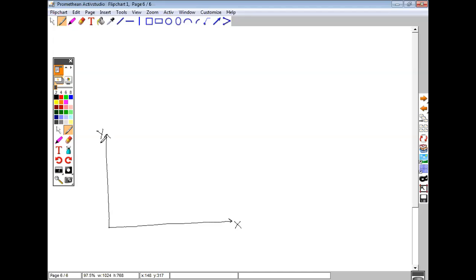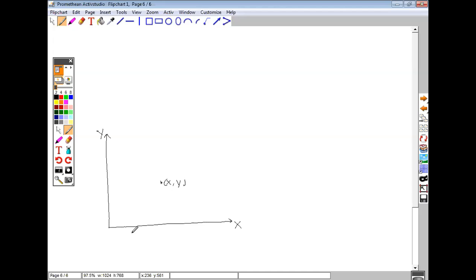So let us say I have observed something here, which I will call x, y.